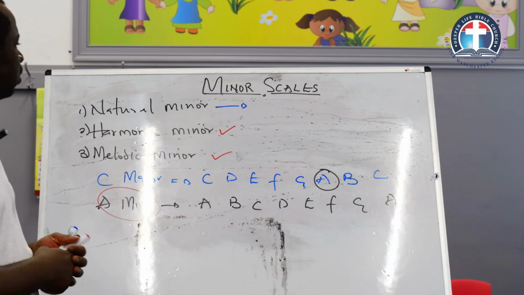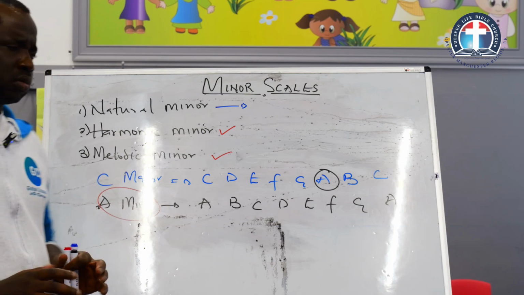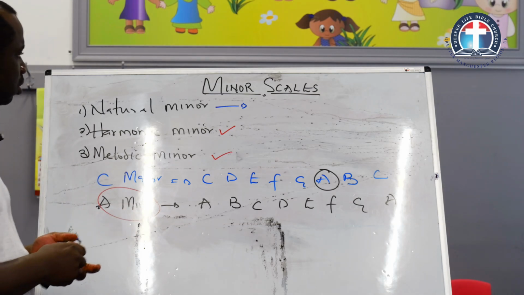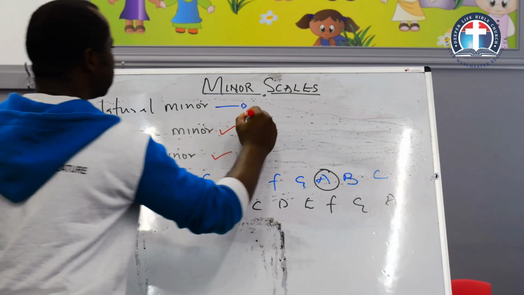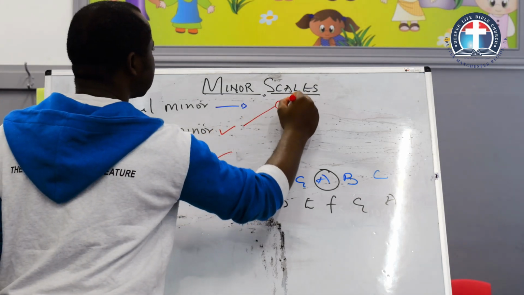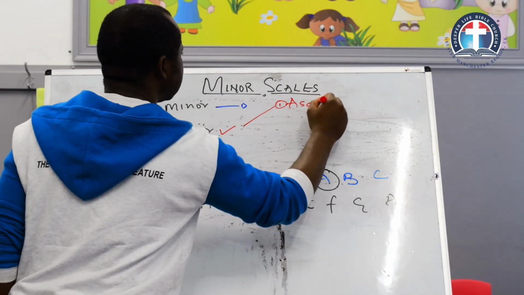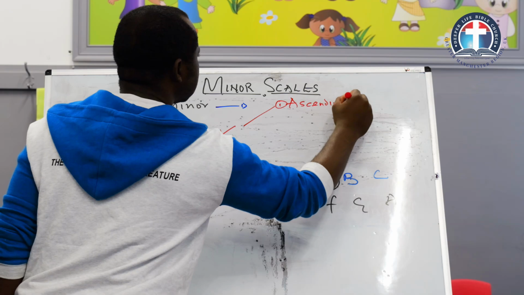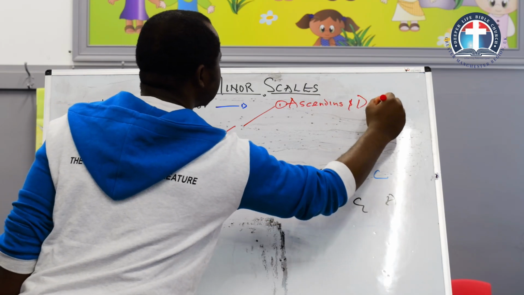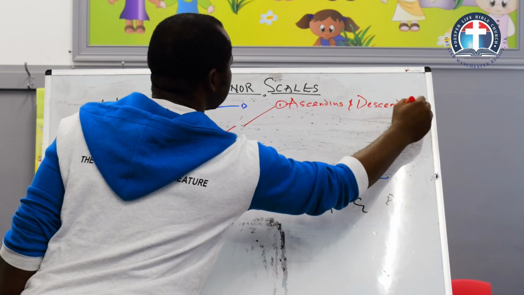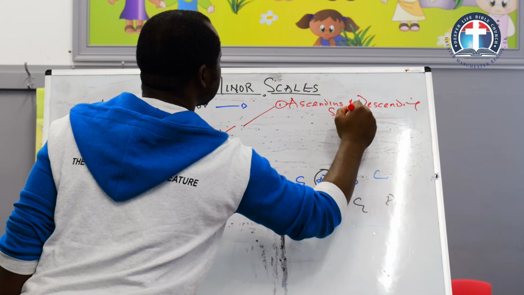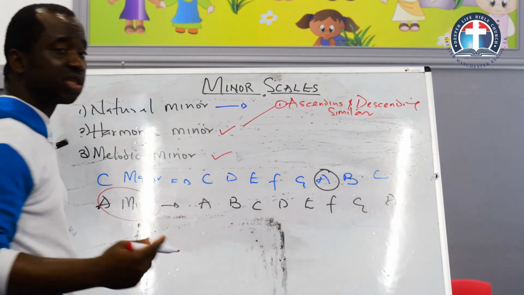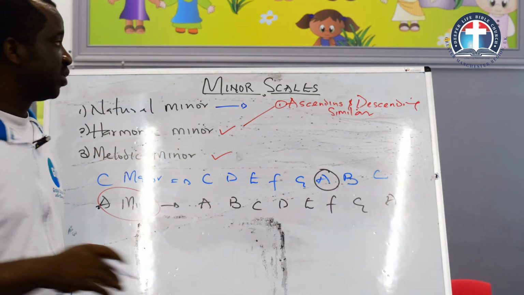Okay. Now, for harmonic minor, number one, ascending and descending are the same, just like your major scale. When you ascend, it's the same way you descend.